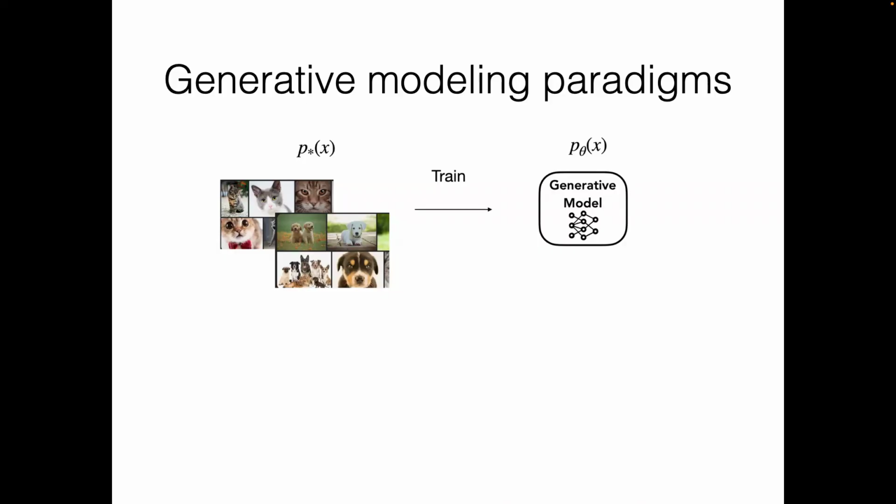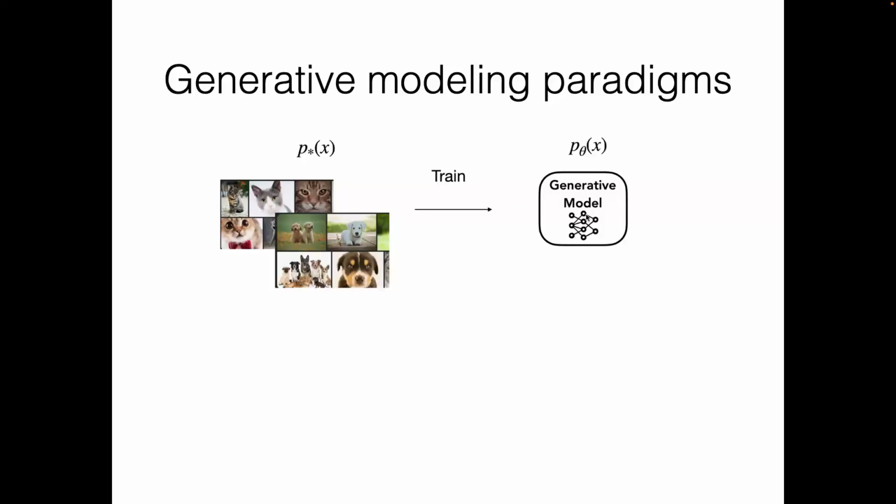In general, with these generative models, you have some data distribution. You could call it P star of X. If you remember before with the language models, we had text, and now we consider our data distribution to instead be images. Here you have some images of cats, some of dogs, could be images of whatever you want.